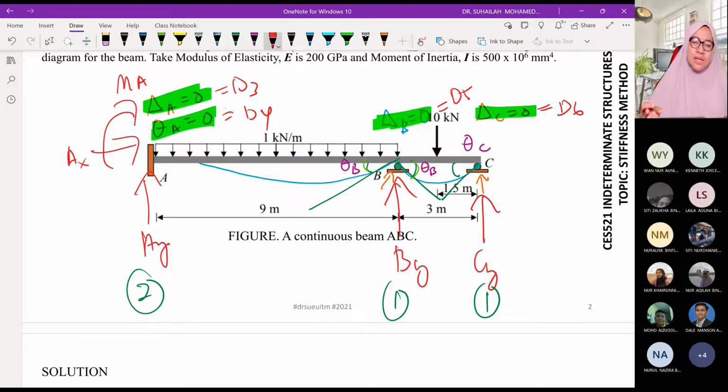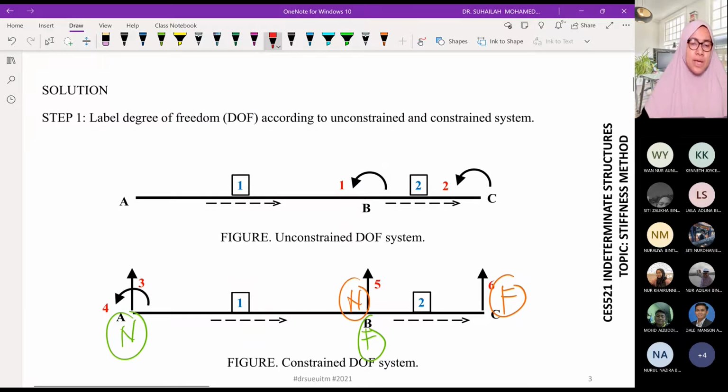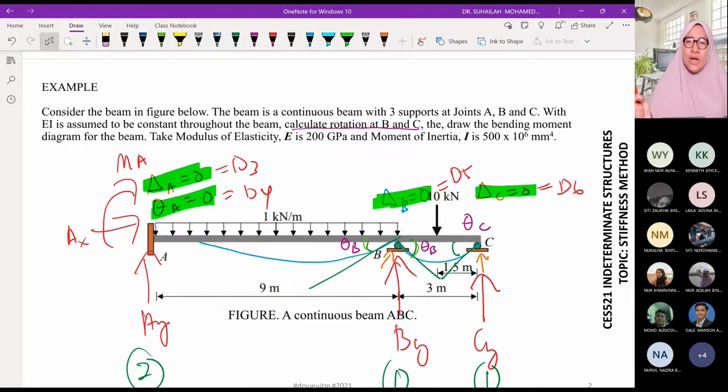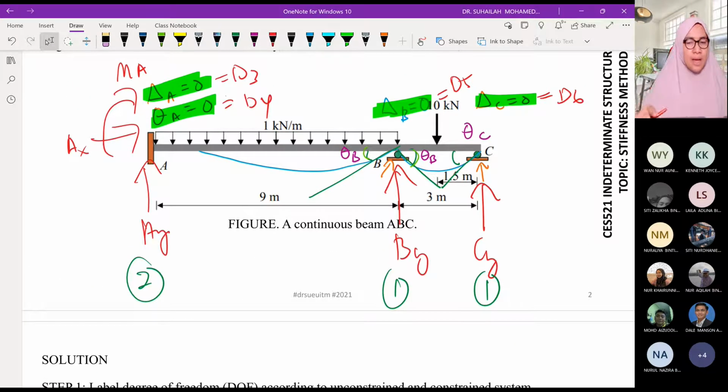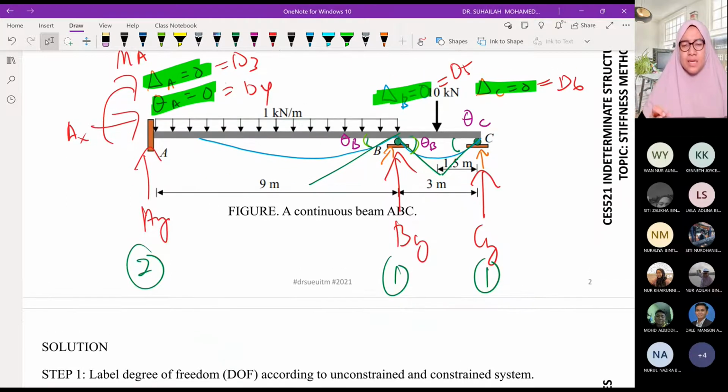D3 representing vertical displacement at A, which is equal to 0 because it is located at fixed support at A. D4 is rotation at A. D5 is vertical displacement at B, and it is equal to 0 because of the roller support.